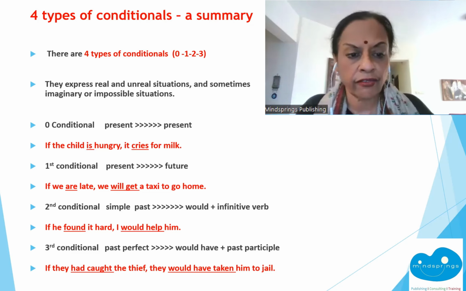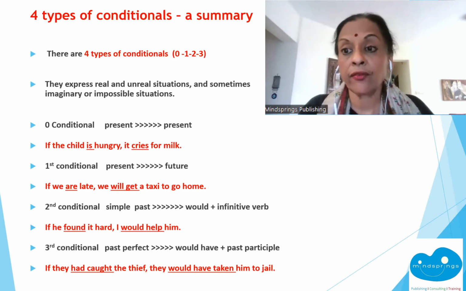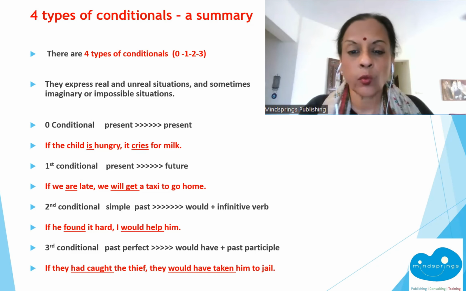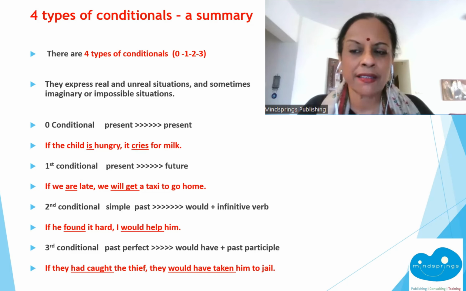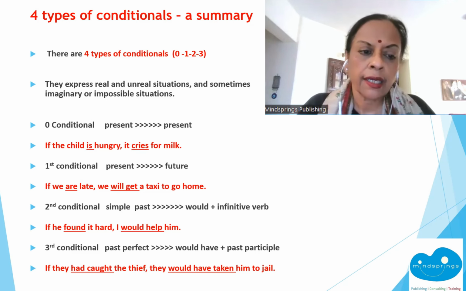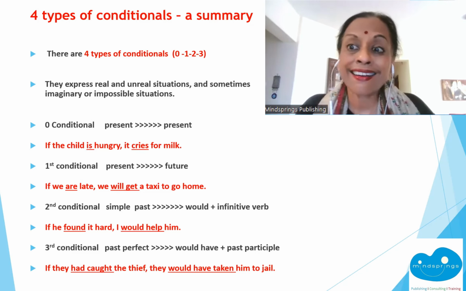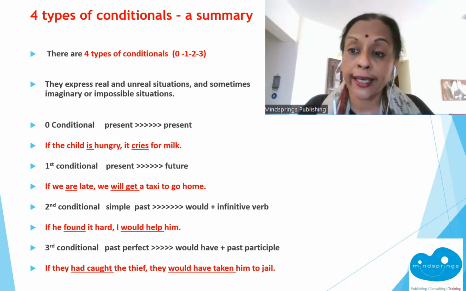So present and future. Second conditional is simple past and would plus infinitive verb or V1, which is your like to go, sing, dance, etc. The basic verb. That's what we are doing with the second conditional. Now, the second conditional is an unreal conditional. If he found it hard, I would help him.